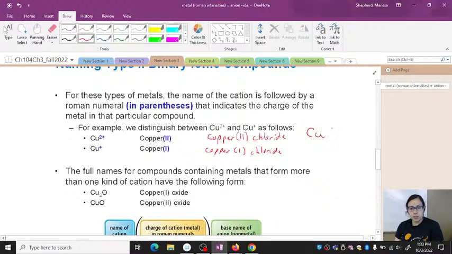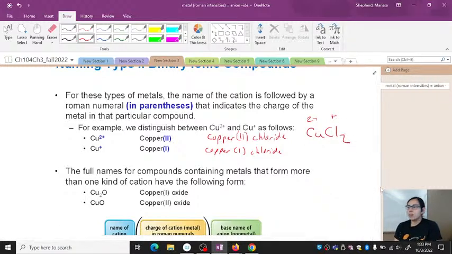I know I have a Cu and a Cl. If this is 2 plus, what's the oxidation state of chlorine? It's -1. So if we do the little swap trick, what would we get for our formula?